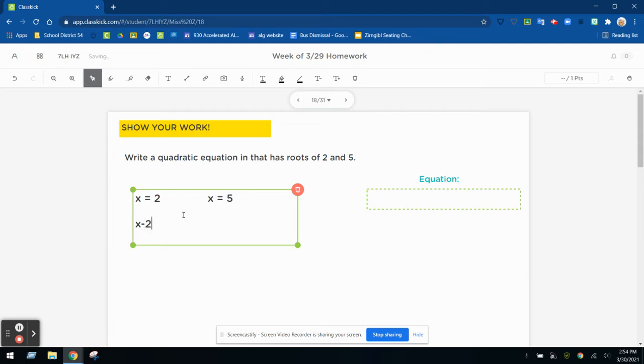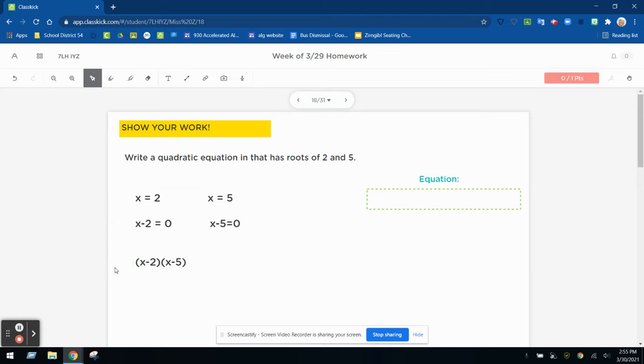So I could say x minus 2 equals 0, right? Is that a true statement? If I added 2 to the other side, I would get x equals 2. This one would be x minus 5 equals 0, right? So now I've kind of gone backwards. So now I have my two factors of x minus 2 and x minus 5.